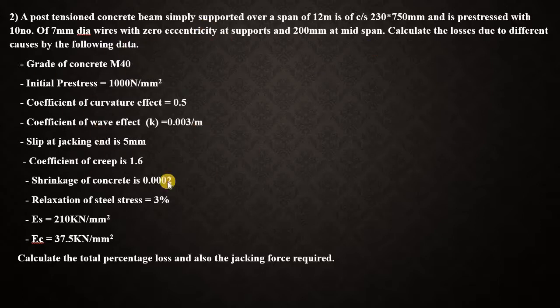So, using these data, we should calculate the losses. We know that we have 6 different types of losses: loss due to elastic shortening or elastic deformation, loss due to creep, loss due to shrinkage, loss due to friction, loss due to relaxation of steel, and loss due to anchorage slip.